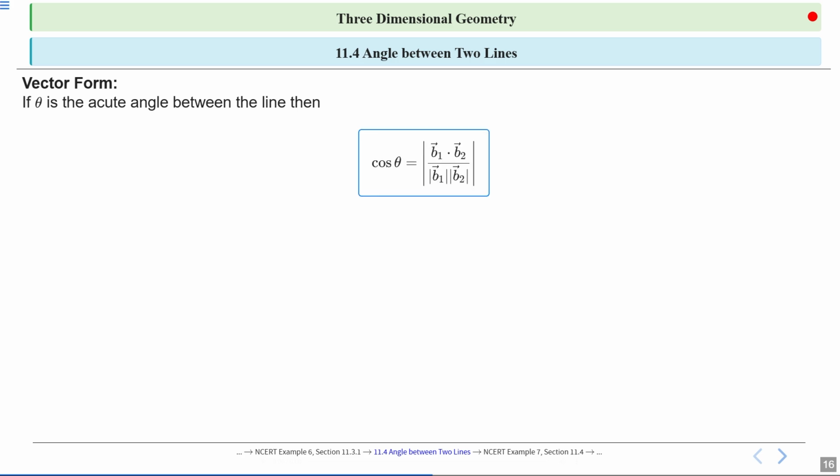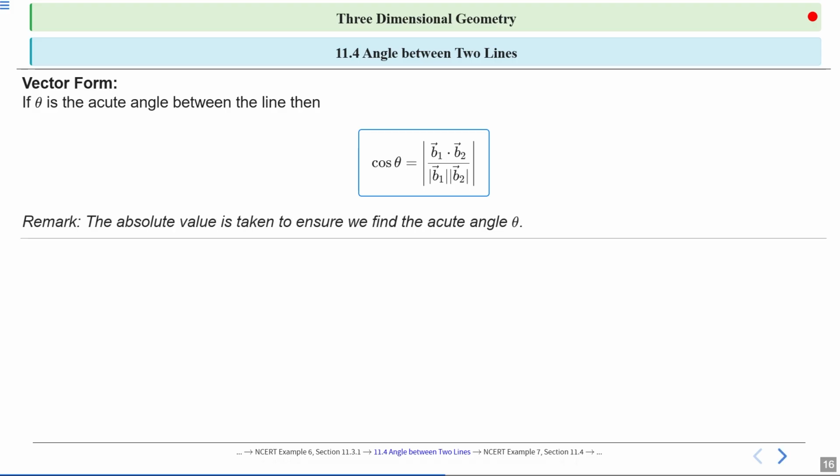Then cos theta equals modulus of (b1 dot b2) divided by magnitude of b1 times magnitude of b2. It's important to note that we use the absolute value in this formula to make sure we always find the acute angle theta, not the obtuse one.